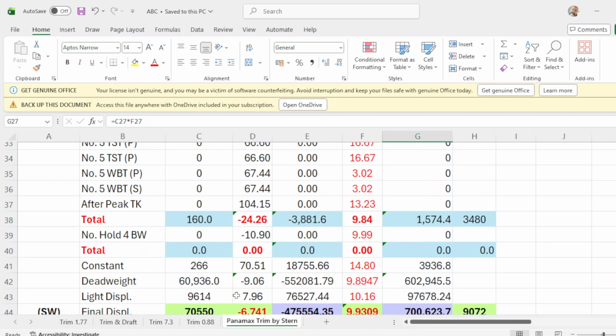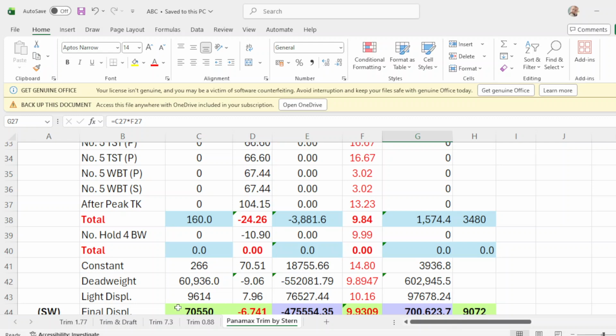This will be your total dead weight. Okay, and this LCG of dead weight multiply with your weight, this will be your LCG moment, and your vertical moment or KG multiply with your dead weight, this will be your vertical moment.